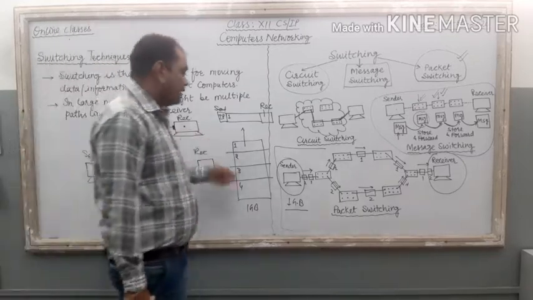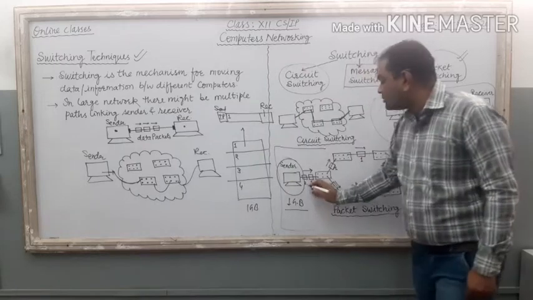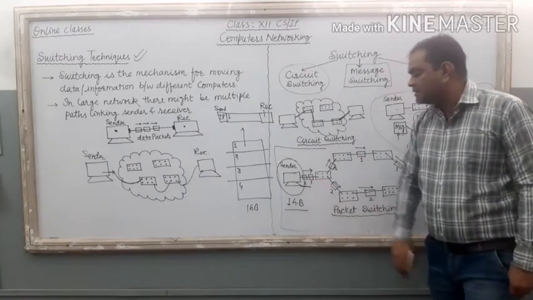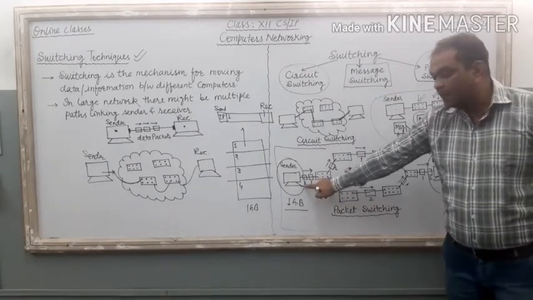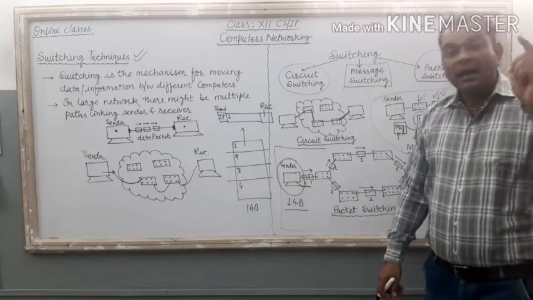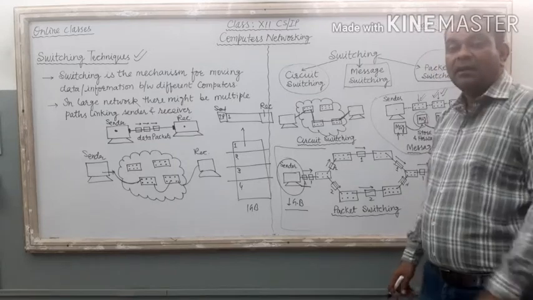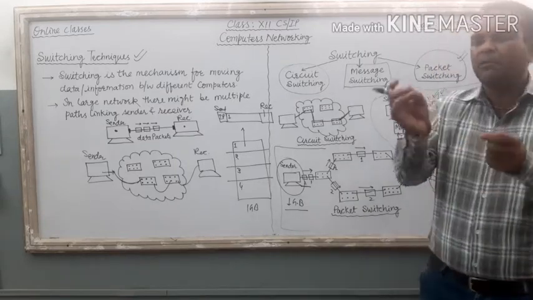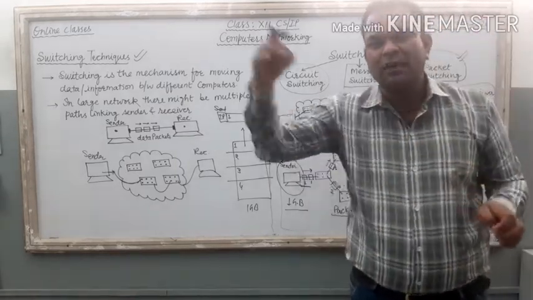Clear? So here the sender is going to send these two different packets. Packet number 1, packet number 2. Each and every packet contains the IP address of the receiver, contains the IP address of the sender. Right? It is just like the post, the courier that we are going to send to our relative.